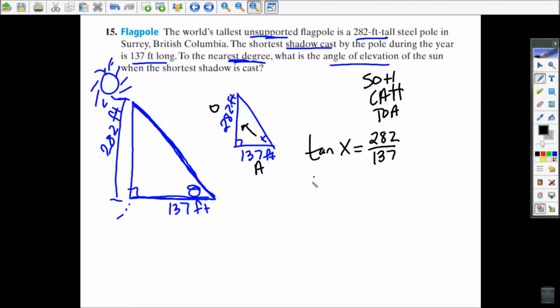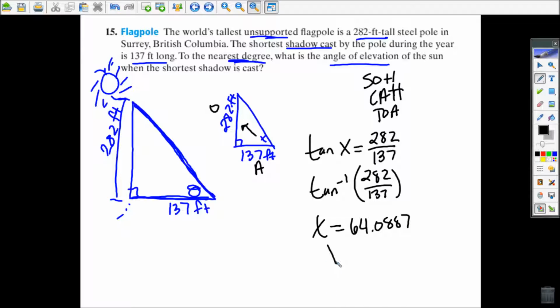So remember, we're trying to figure out an angle. We do the inverse tan of 282 over 137. So x is going to equal 64.0887. It says to round to the nearest degree, so this would be 64 degrees.